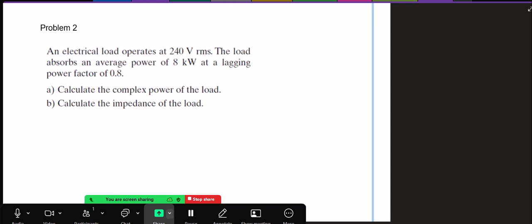For D, we just do P equals V RMS squared over the impedance? Well, did I write power or did I write complex power on the last one? Did I mess up?